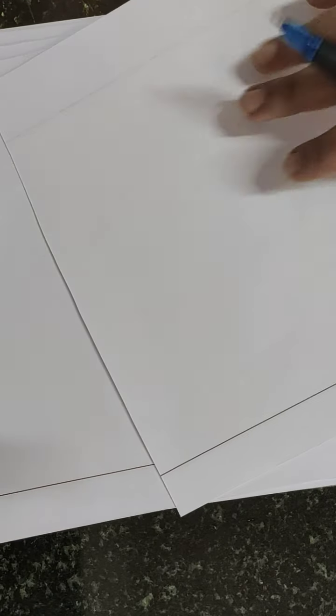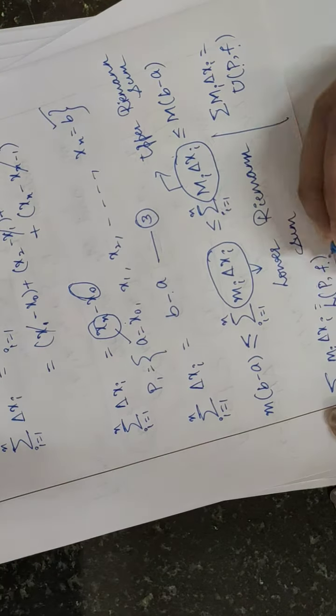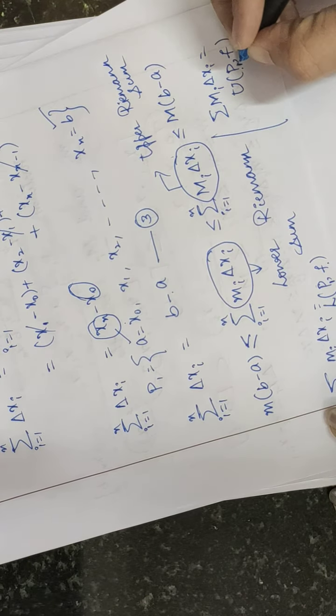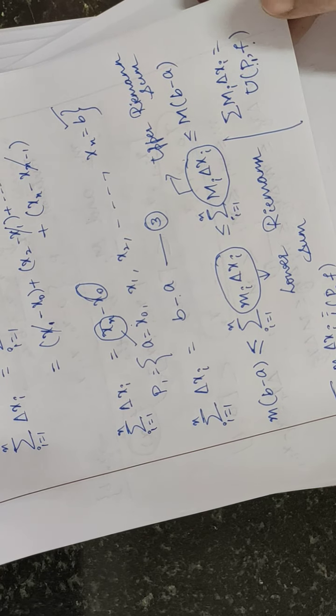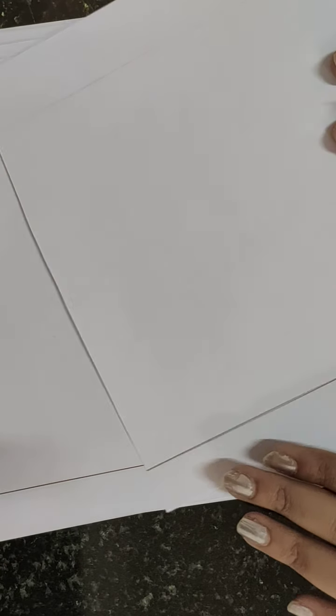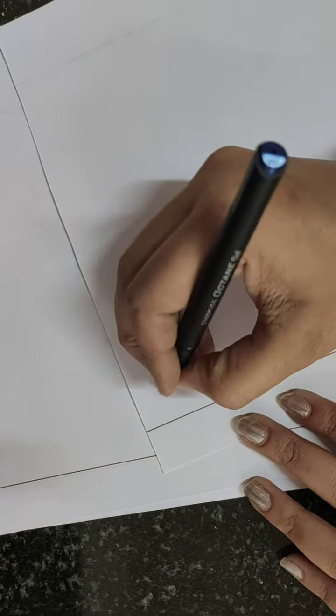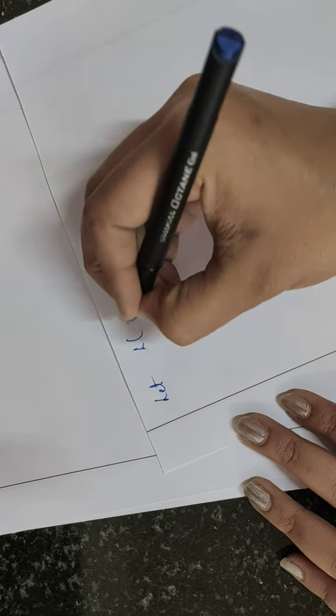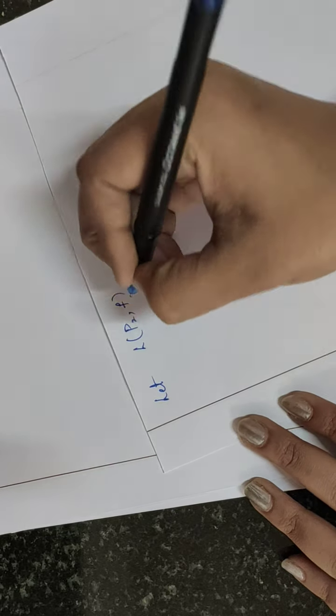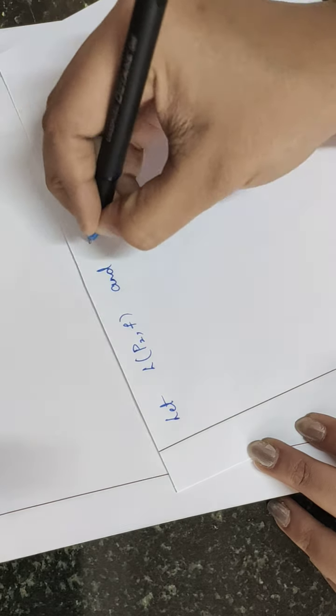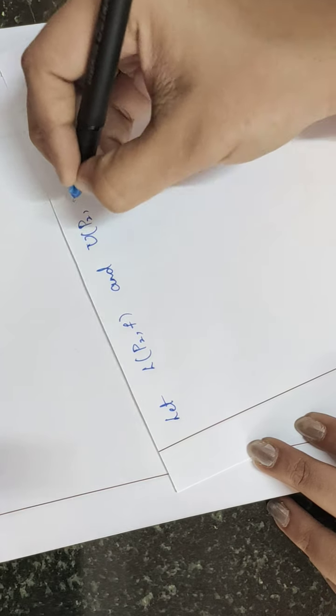Now this is for the partition P1, right? Similarly, if we have one more partition, say P2, I can write L of P2 comma f and U of P2 comma f.